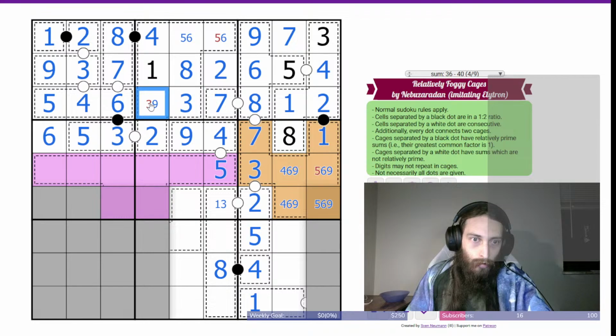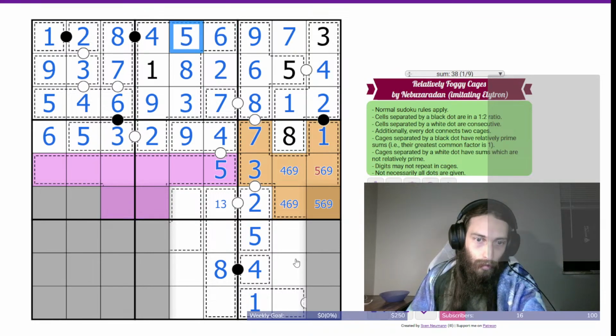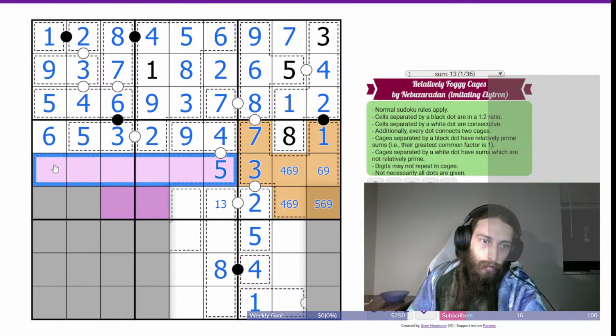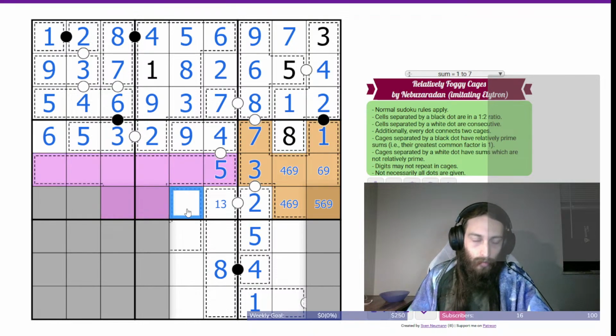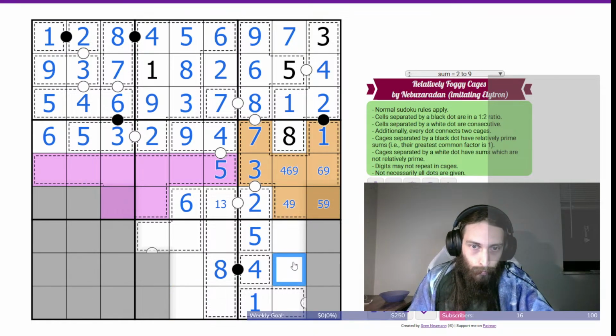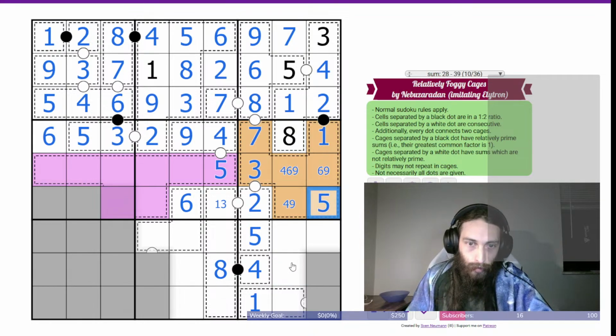That's a 6. 3, 9, 6, 5. 5 is not there. This is 13, so this must be 39. So it's missing a 6. So that 6 goes here. And those aren't 6. This is the only place a 5 can be.